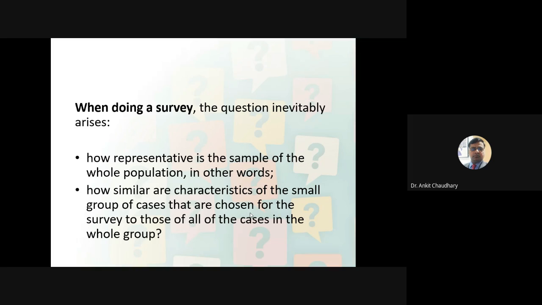So whenever we are going for a survey, you must have the question of how representative the sample is of the whole population, and how similar the characteristics of a small group of chosen cases are.